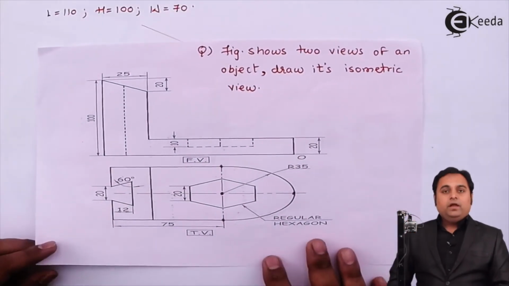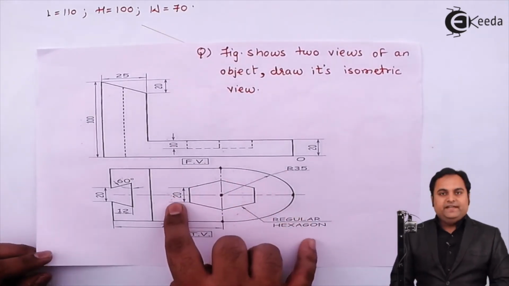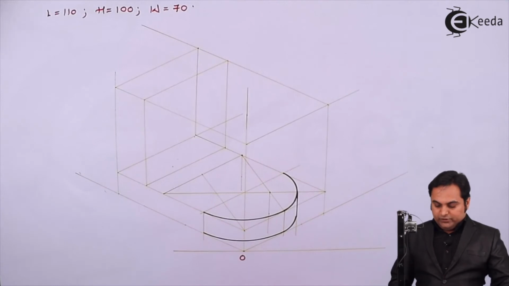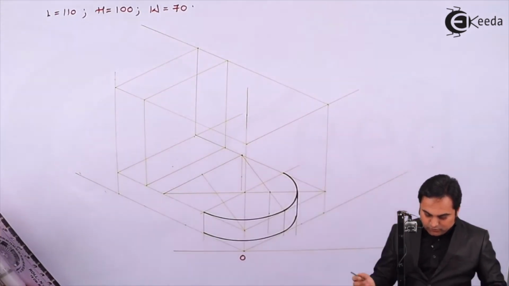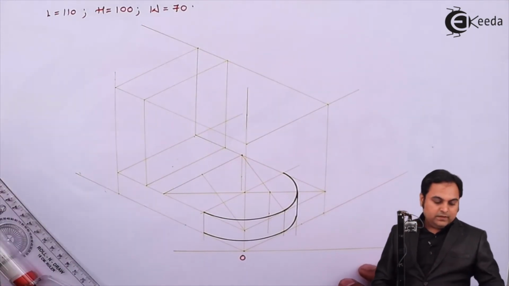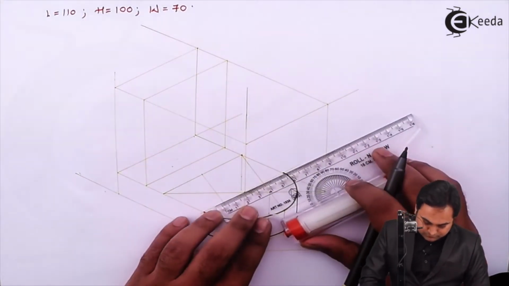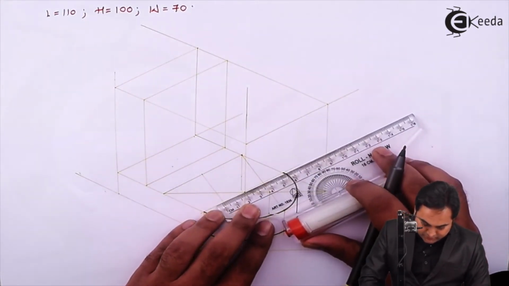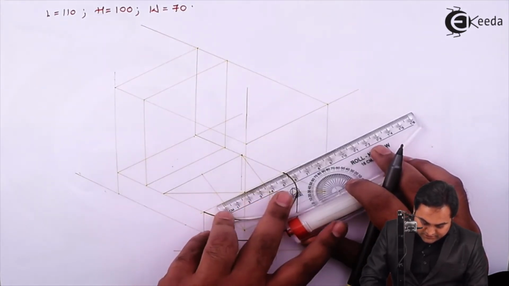Then inside the semicircular portion there is a hexagon of side 20 mm. So in order to get the hexagon, here I have the center of this semicircular part. Now the hexagon is having a 20 mm side. So for that, here I'll draw a parallelogram of 40 mm, that is double the side.